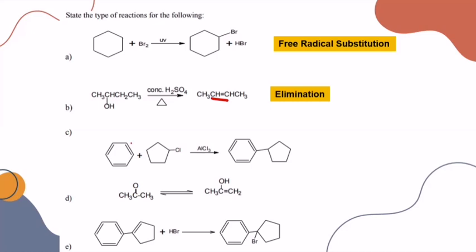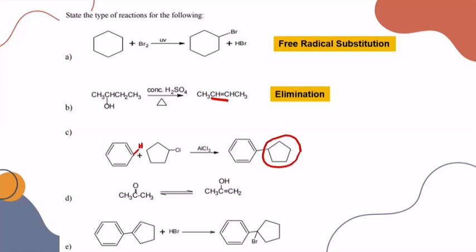In this reaction, we can see that this hydrogen, initially it has hydrogen, but this hydrogen has been substituted with this compound. So when it is substituted with this compound, it is a kind of substitution reaction. What type of substitution reaction depends on the reaction site.